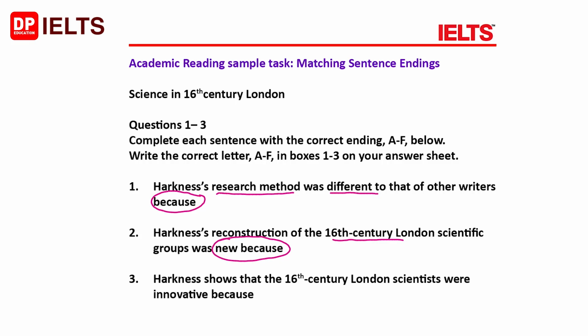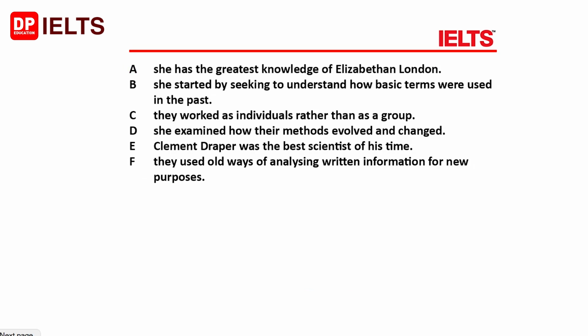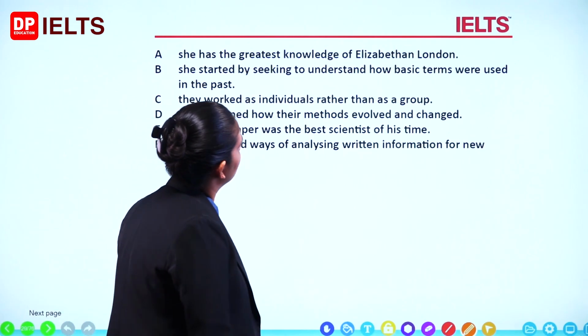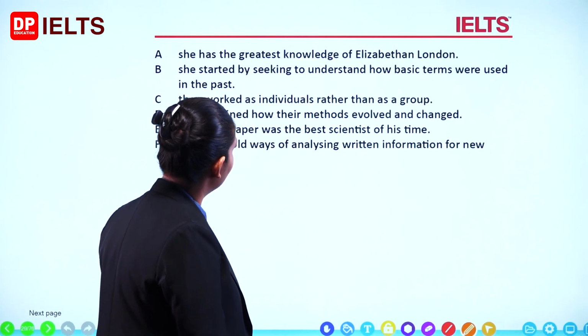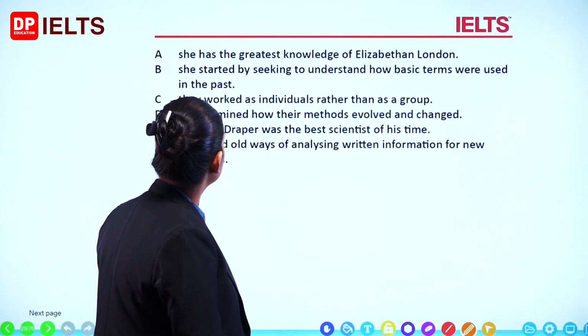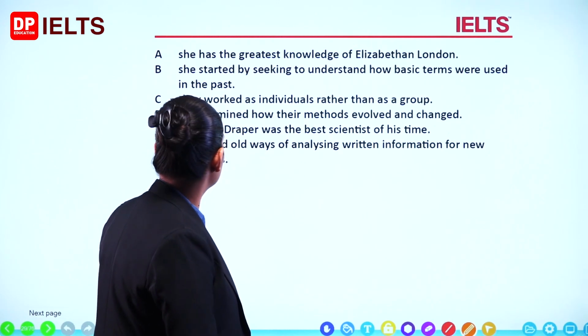Harkness shows that 16th century London scientists were innovative because why? Okay, right, so let's have a look through. These are the endings. She has the greatest knowledge of Elizabeth, the London. She started seeking to understand how basic terms were used.